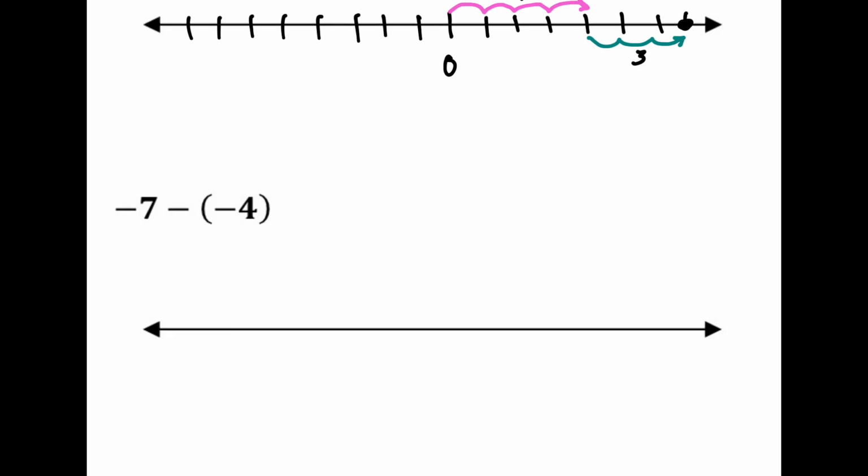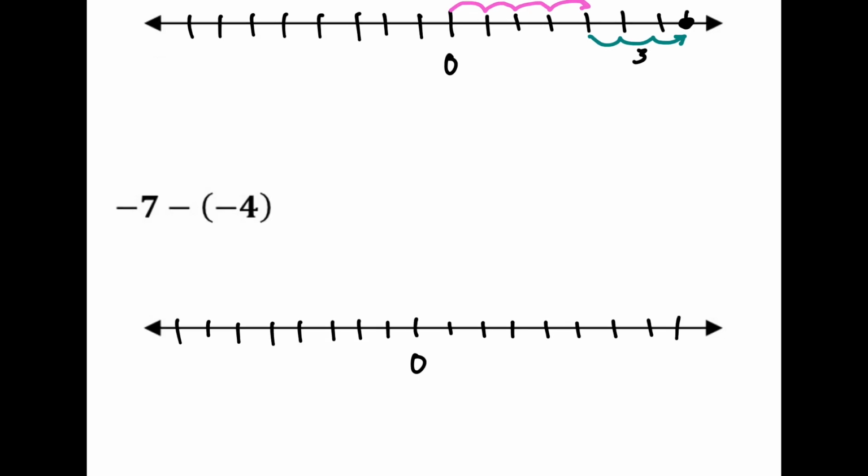Okay, this one. Okay, so our first number is -7. So 1, 2, 3, 4, 5, 6, 7. And now I want to get less negative. In other words, I'm going to get positive. So to the right, 2, 3, 4.